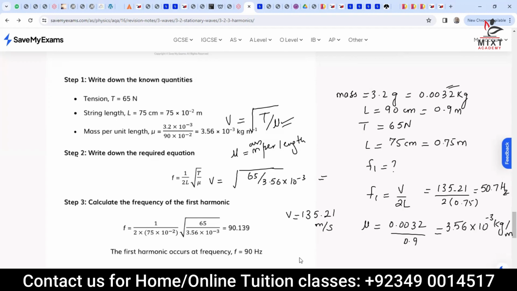135.21 is still right. Okay. Then why is the calculation coming 90 and our answer is coming 50.7? Aren't they using a different equation? Oh, the frequency written here is wrong.